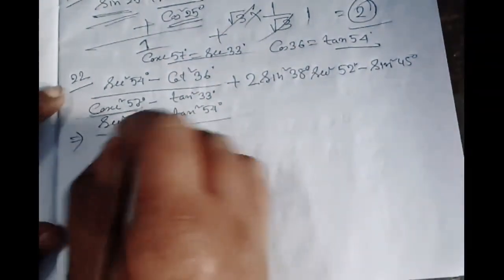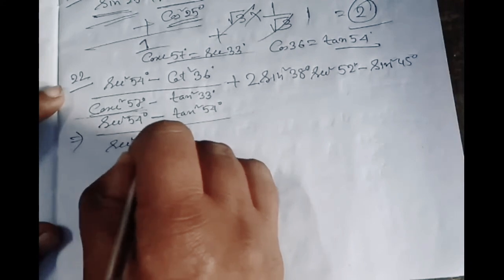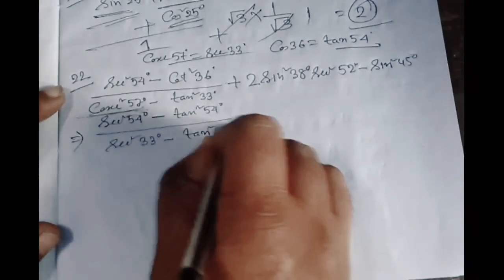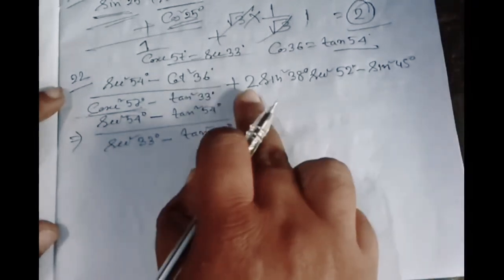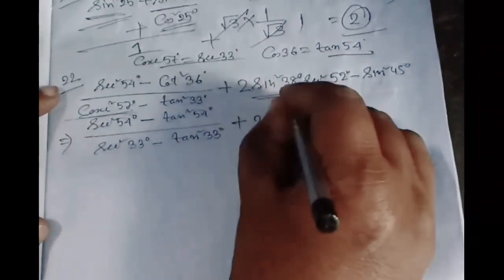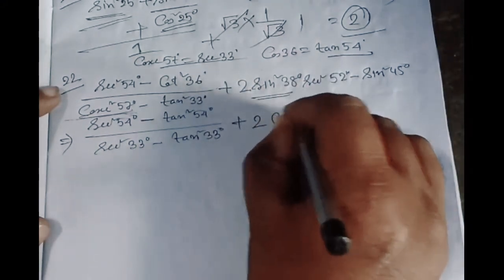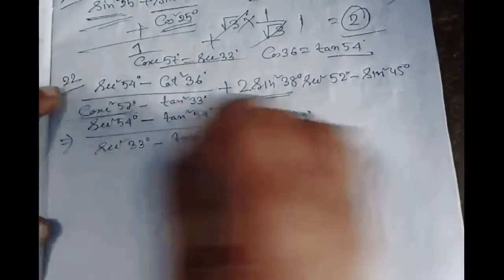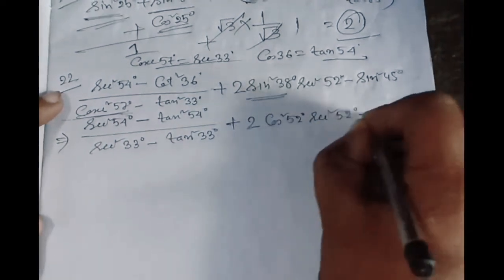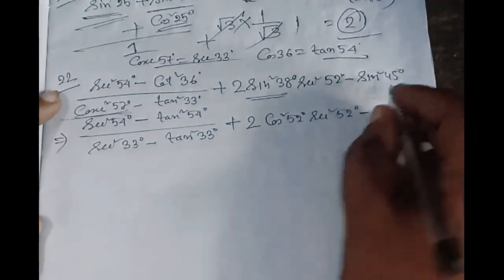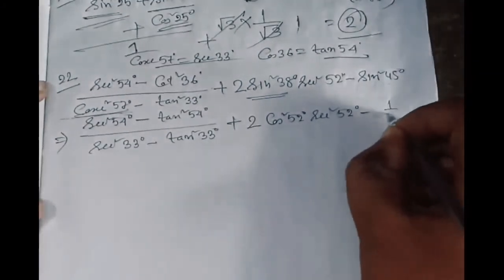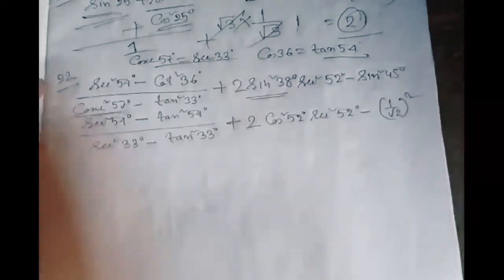So this can be written as sec square 54 degree minus tan square 54 degree, plus this is 2 sin 38 degree means cos square 52 degree, this is sec square 52 degree minus sin square 45 degree. Now value of sin 45 degree is 1 by root 2. So that means 1 by root 2 whole square.